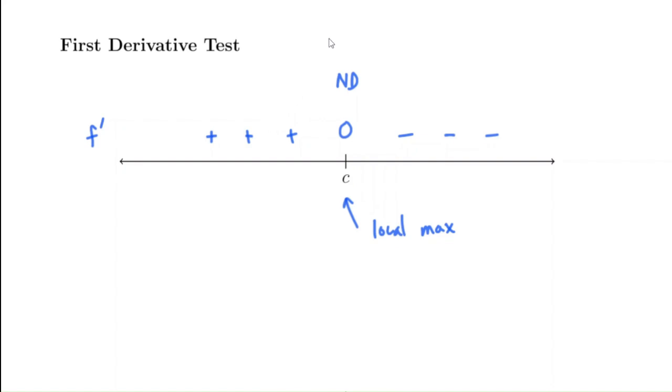So imagine a sharp V like this, we would also have a local max. So if it's either 0 or ND, where ND means not defined, or not differentiable, but c is this number that's in the domain where the derivative is either 0 or not defined, we're going to get a local max in this situation.